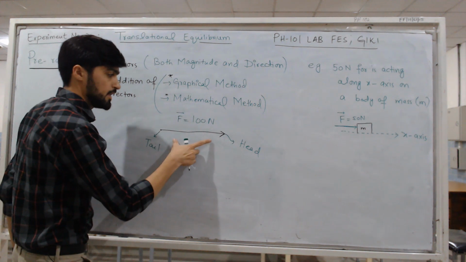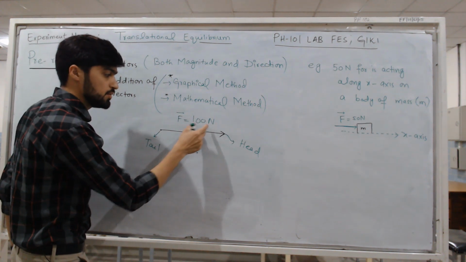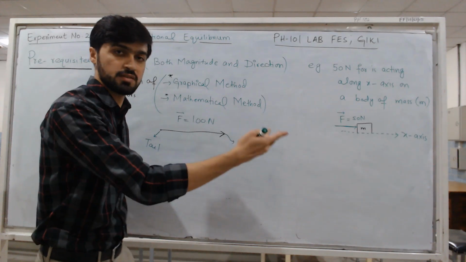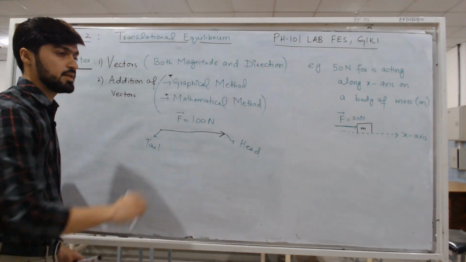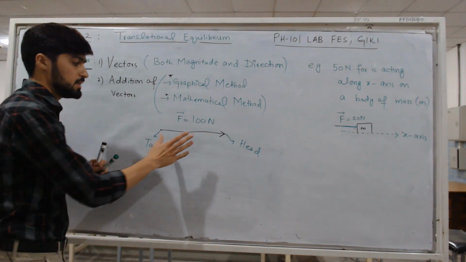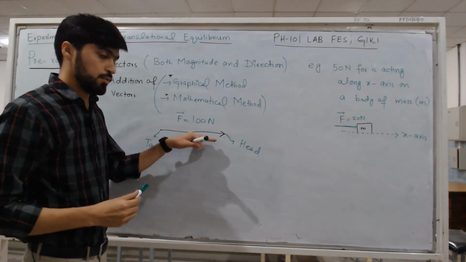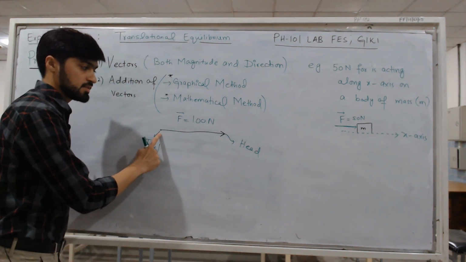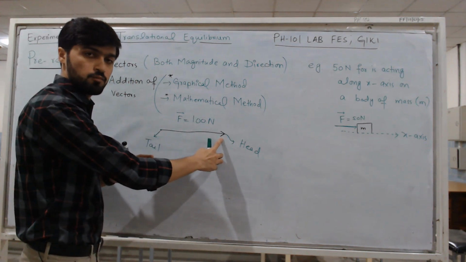The length of the vector determines the magnitude, and the arrowhead determines the direction in which this force is acting. Every vector quantity is represented by an arrow. It must have a head and a tail. So this is the starting point, the tail, and this is the ending point, the head.